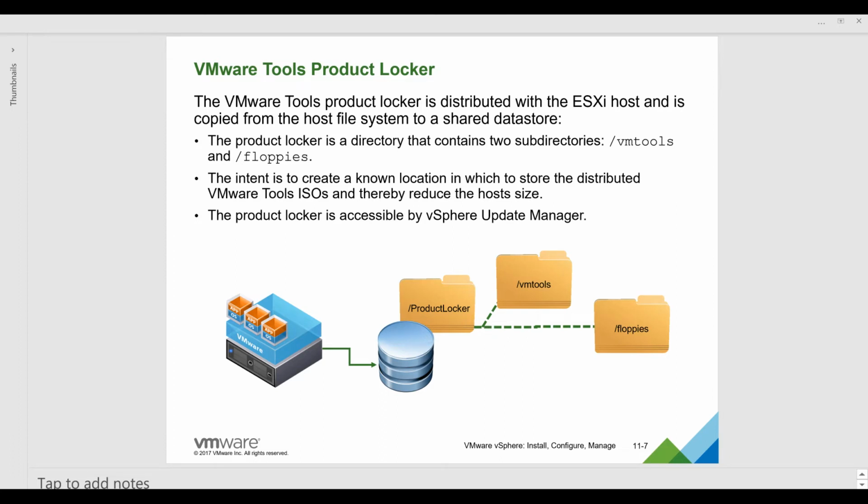And the product locker exists on the ESXi host, but is then distributed across your environment with Update Manager. If you look in the product locker directory, you'll have a vmtools and a floppies directory. And this is where, when you download an update and install it, if there was an update to VMware Tools, it will get put in this product locker vmtools directory.